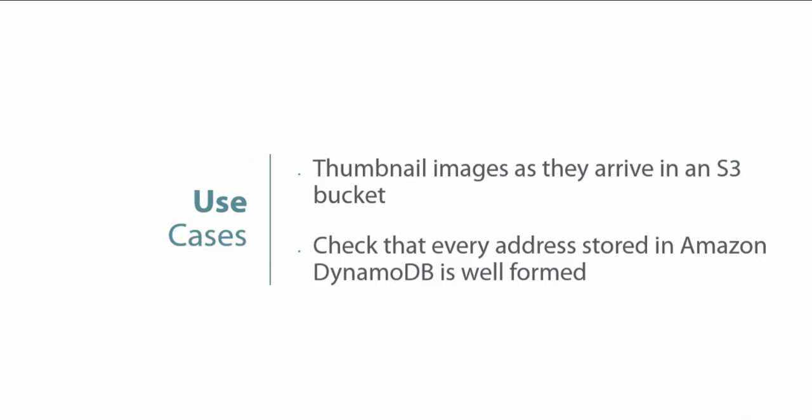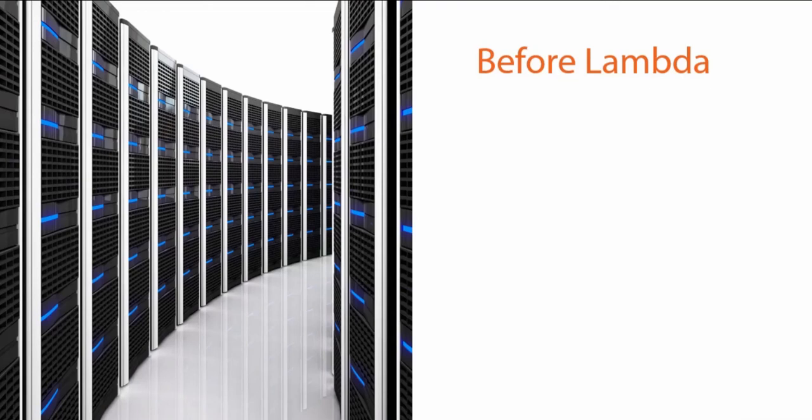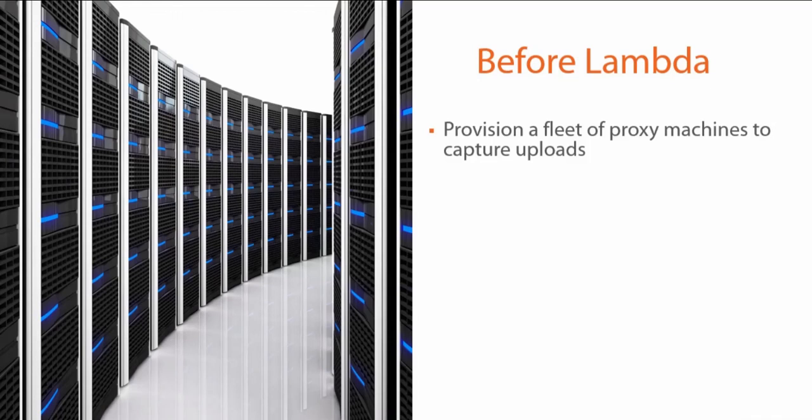Let's take a look at what it would take for us to do this today. What kind of infrastructure, what kind of operations am I looking at to accomplish these very, very simple tasks that I just laid out? So before Lambda is the title that I chose for this slide. And the reason for that is if you wanted to, for example, use the example that I gave with creating thumbnails for images as soon as they're dropped into S3, well, you would have to provision a fleet of proxy machines to capture the uploads.